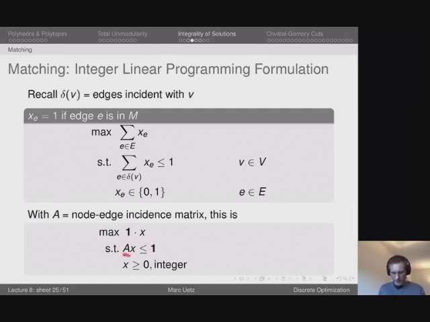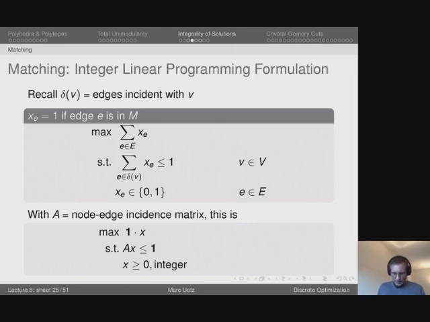And the constraints exactly say that of all the edges incident with a node v, I can only select at most one of those, right? And the variables should be non-negative and integer. Notice that we don't have to explicitly write down that the variables should be at most 1, because this is implied by these constraints here.